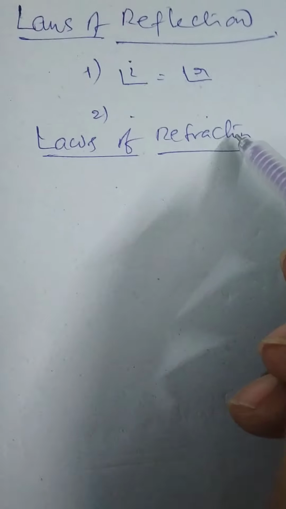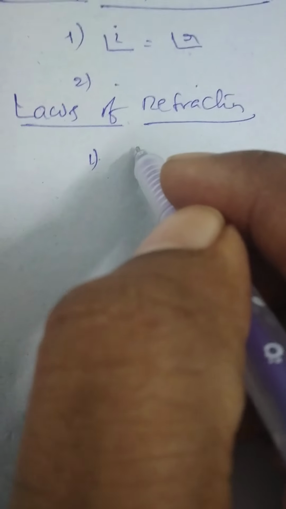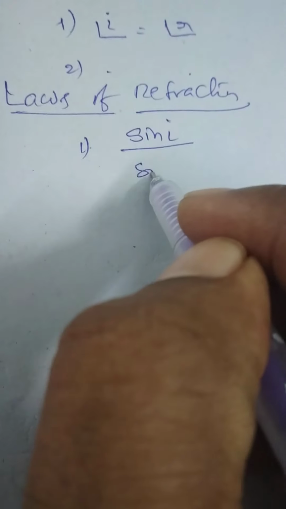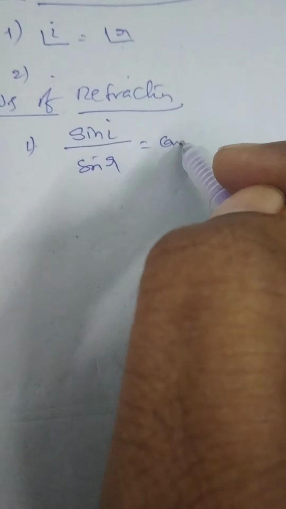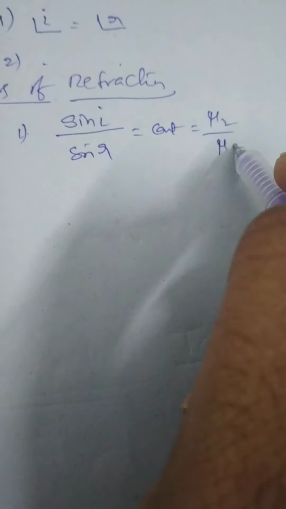Laws of refraction. So here there are two laws. First one, Snell's law. According to Snell's law, sin i by sin r is equal to constant. It is also equal to mu2 by mu1.